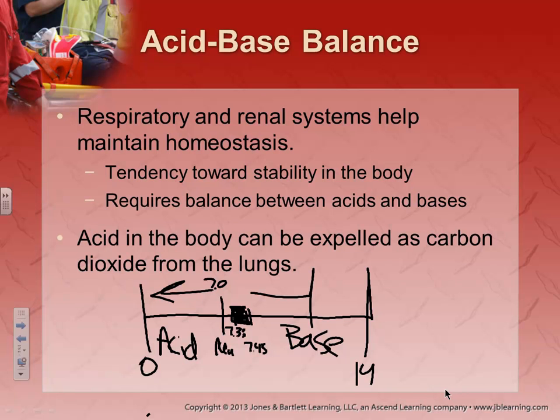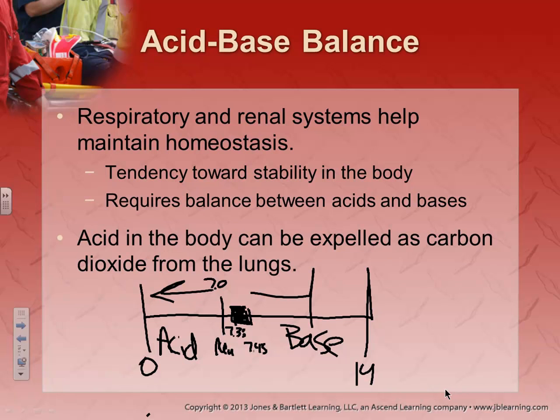The renal system regulates the pH by filtering out more hydrogen and retaining bicarbonate when needed, or doing the reverse. So just like the respiratory system, it maintains pH by either increasing or slowing breathing. The renal system is going to either get rid of hydrogen, and when we get rid of hydrogen, we're going to actually be getting rid of what? Acid or base?